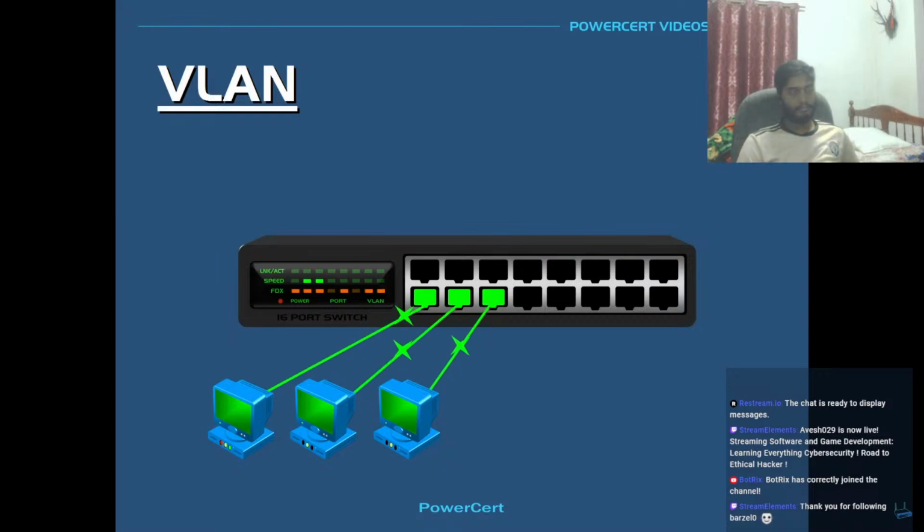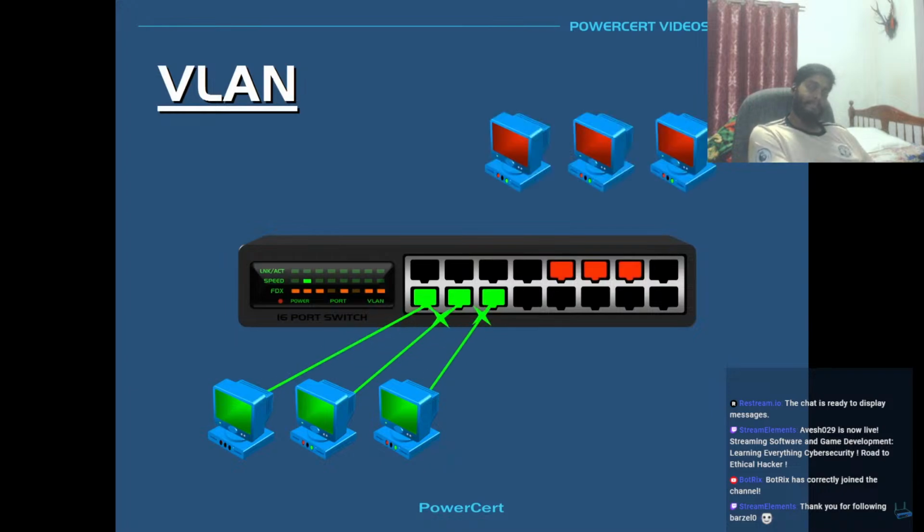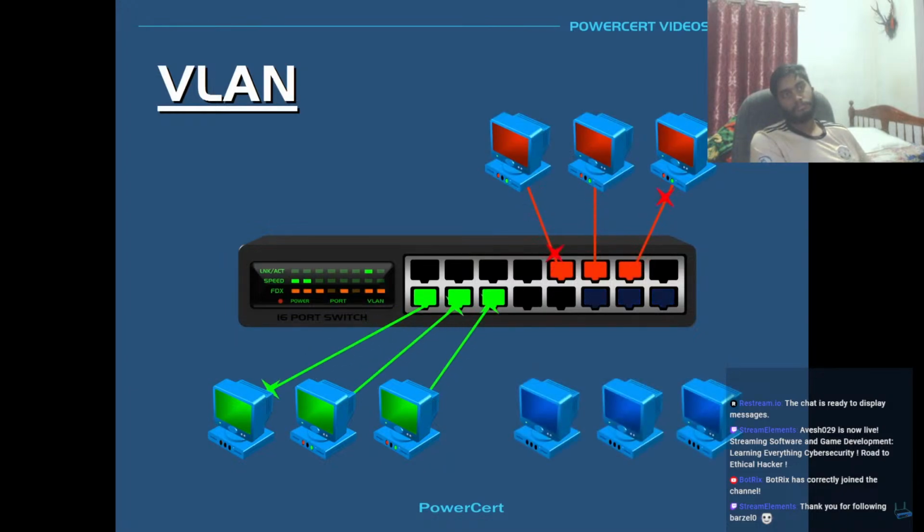Then we'll designate another set of ports on the switch and create another VLAN for the accounting department. And finally, we'll designate another set of ports on the switch for another VLAN for the shipping department. And as you can see, the network traffic is separated between the departments because of the VLANs.